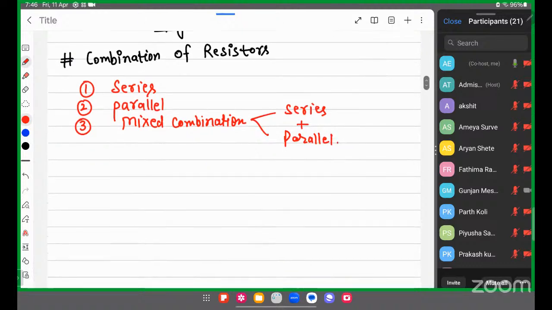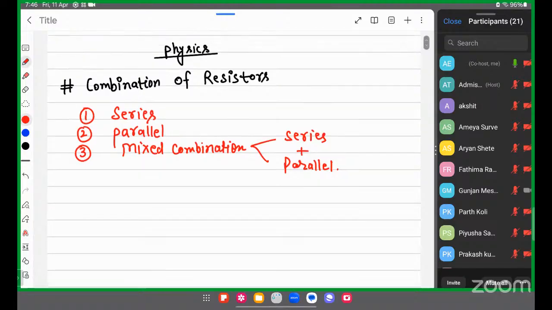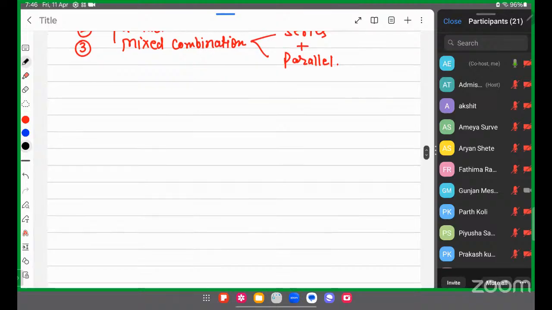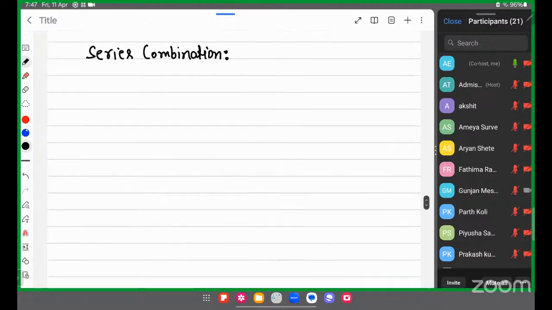Now we have to find out resistance for these parallel and series resistors. So let us consider first the series combination of resistors. What are the key points in series combination?